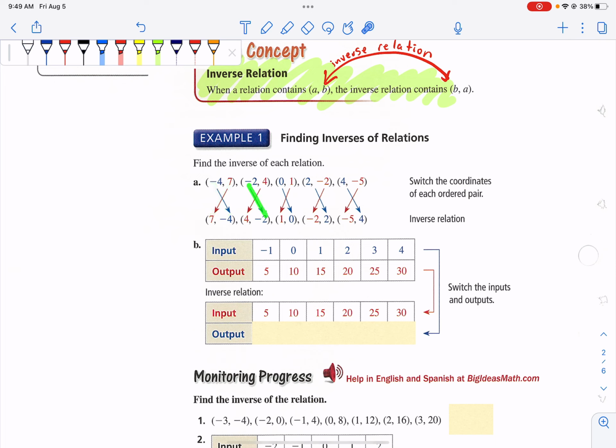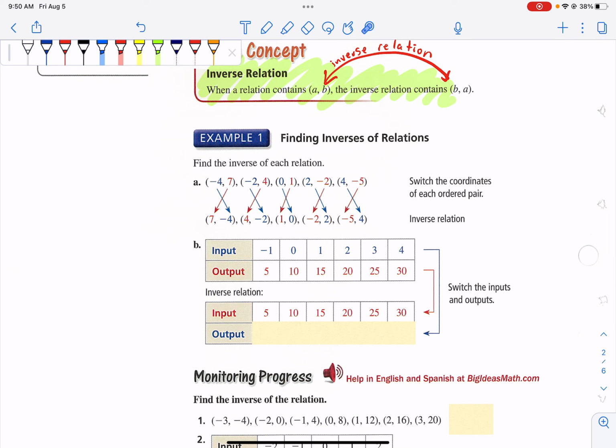You switch the -2 and the 4, and you get 4, -2. You switch the 0 and the 1, and you get 1, 0. It is really easy to do an inverse relation when it gives you a list of numbers. You just switch them. Same with a table. If it gives you a table and it asks you what the inverse relationship is.